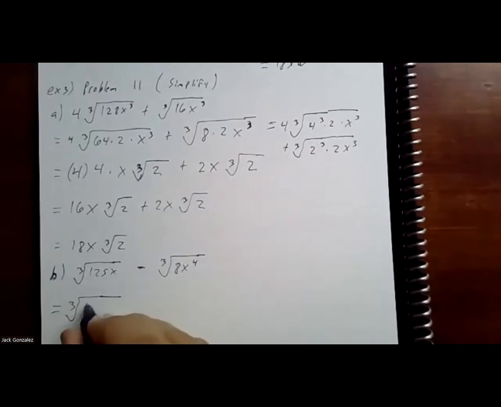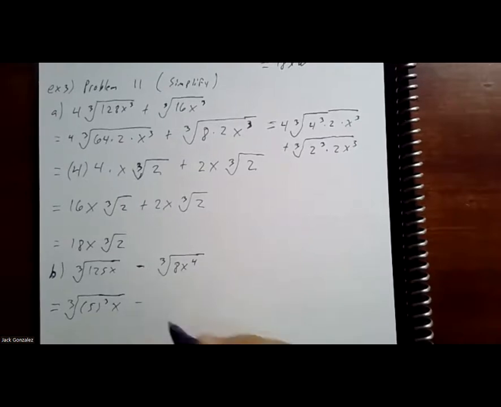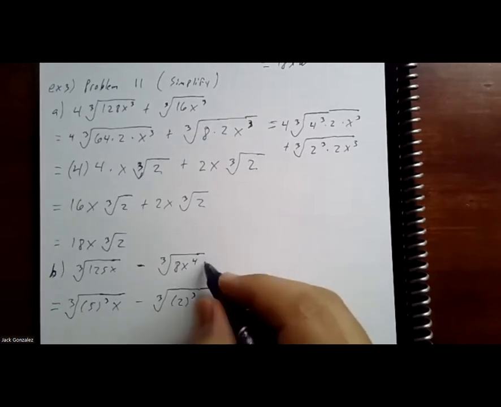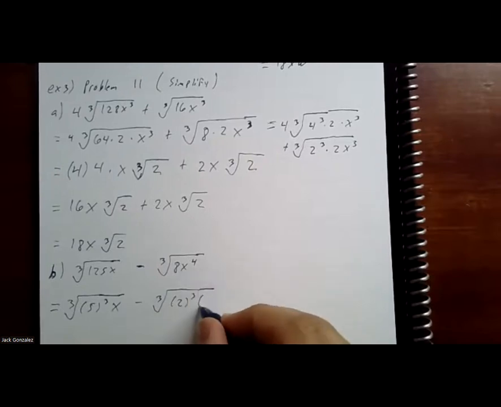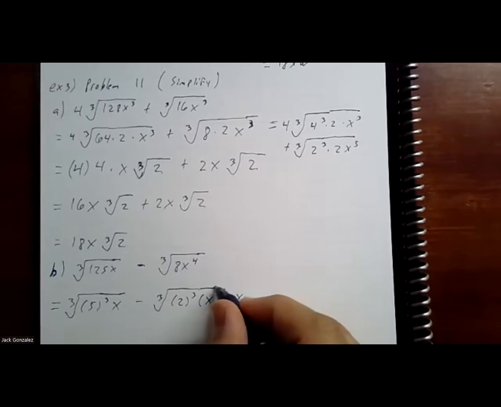This is 5 cubed x minus 3. 2 cubed is 8, right? X to the 4th, that's the same thing as x cubed times x. Do you agree?